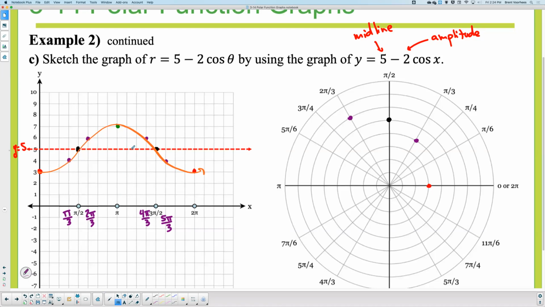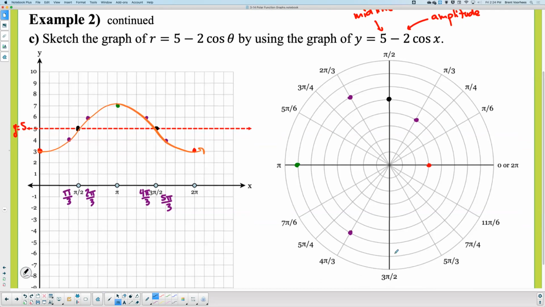At 1 whole pi, we're at 7. At 4 pi over 3, we're down to 6. 3 pi over 2, we're down to 5. Let me scroll down so you can see the 3 pi over 2. We're down to 5.